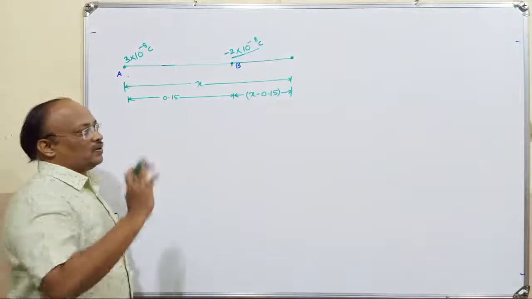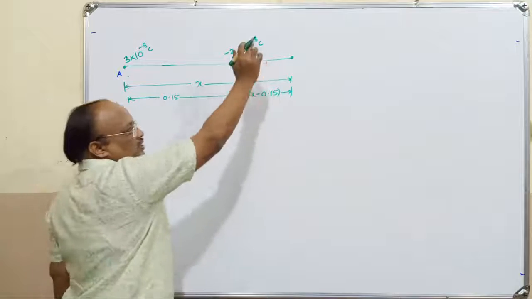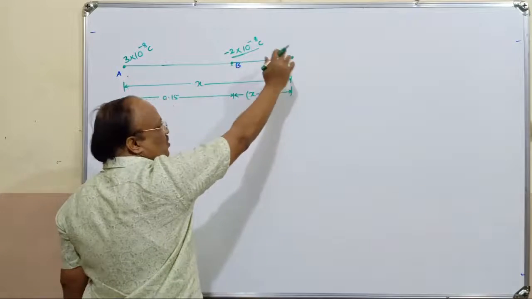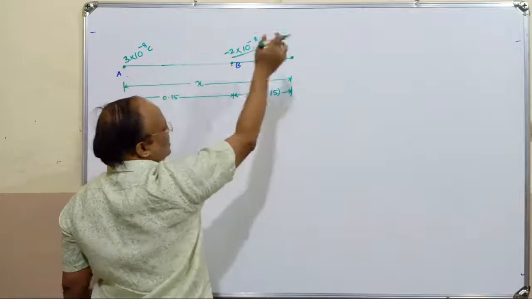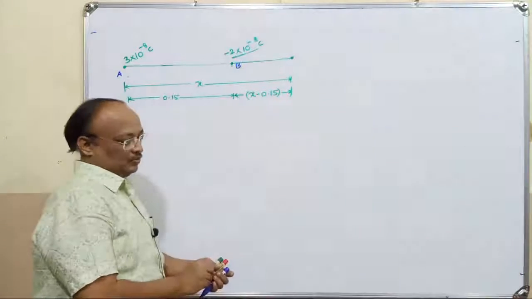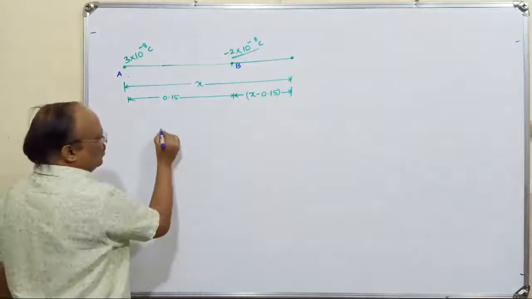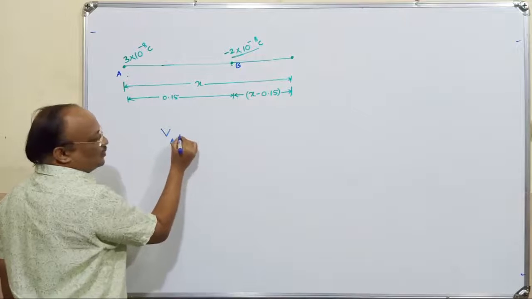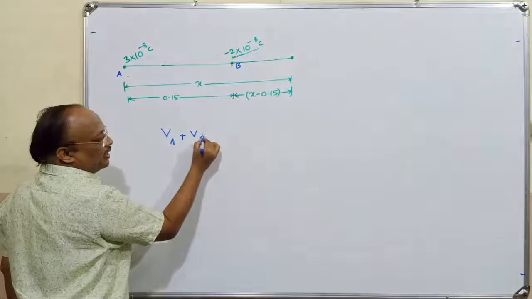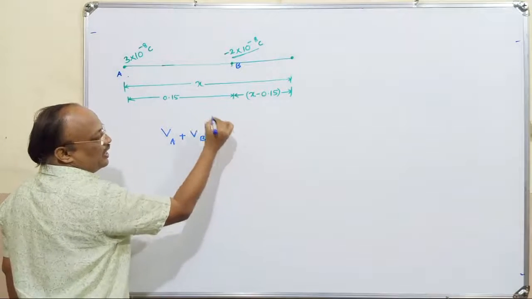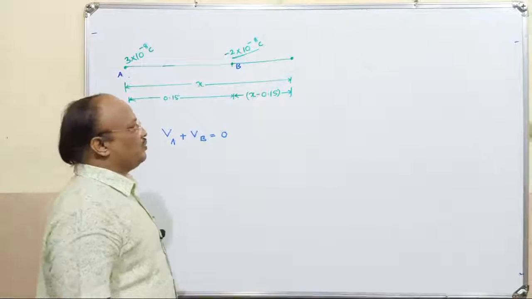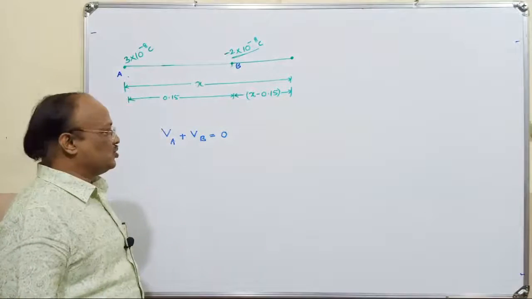Okay, so now at this point potential is 0. Potential due to these two charges is 0. It is VA plus VB, potential due to A and potential due to B is equal to 0.